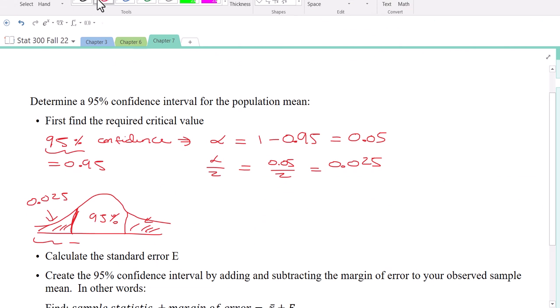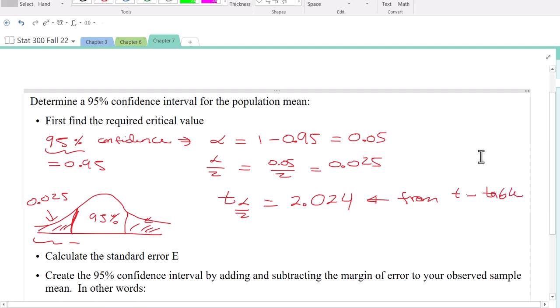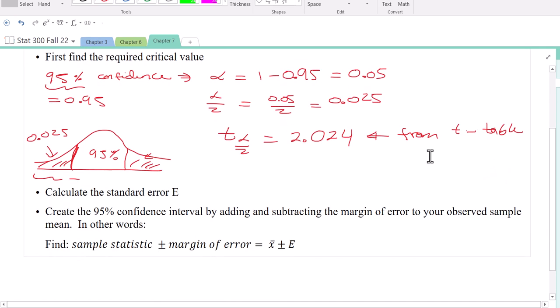And I can say then my t sub alpha over 2 is 2.024 from the t-table. So now that we have that, we can calculate the standard error.